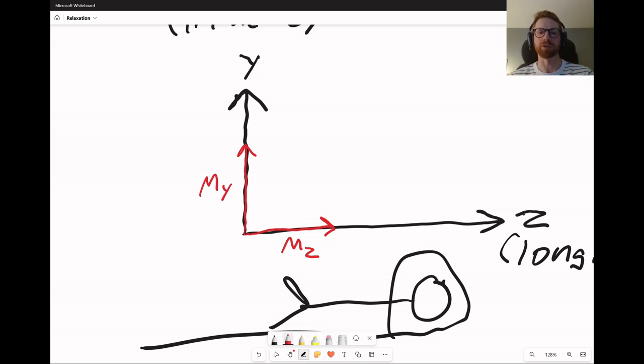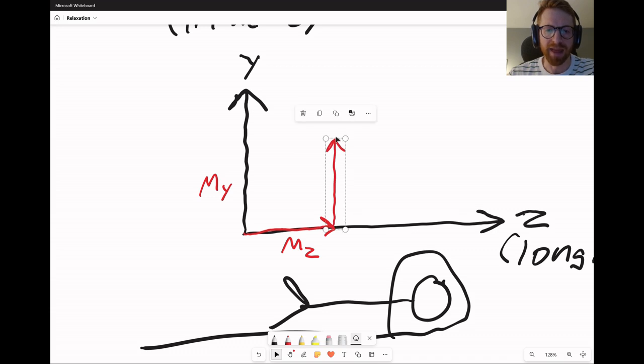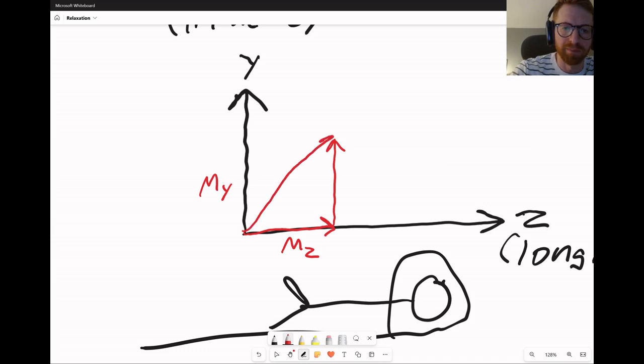What are they going to add up to? We do the same thing. You take the tail of one vector and you put it on the tip of the other one, and then you just draw a line from wherever you started to where you end up.